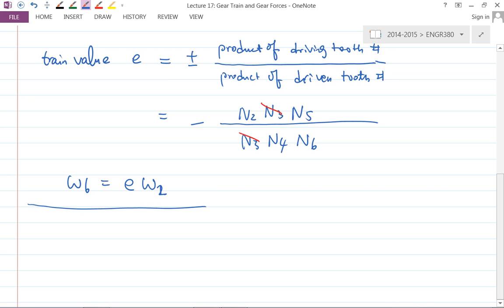When you're deriving an equation of motion in terms of one side, you have to map the moment of inertia and the damping into one side. How do you map that? You need this train value. So E to the power of two, times the quantity, will do the mapping. Okay, so next topic, gear forces.